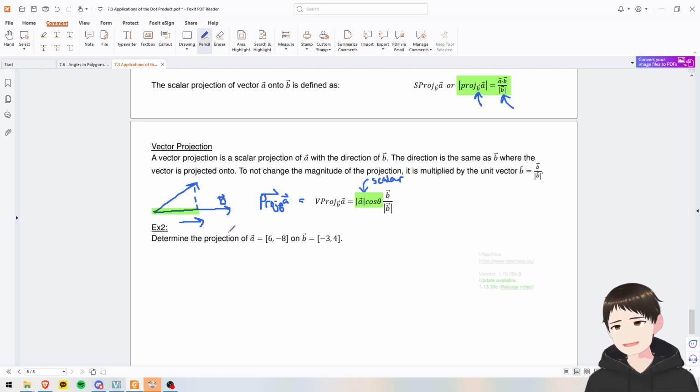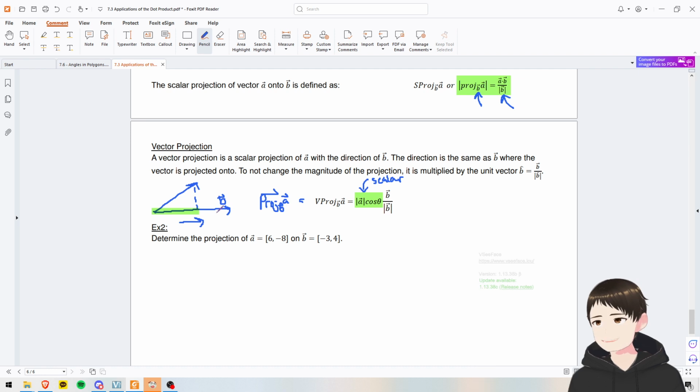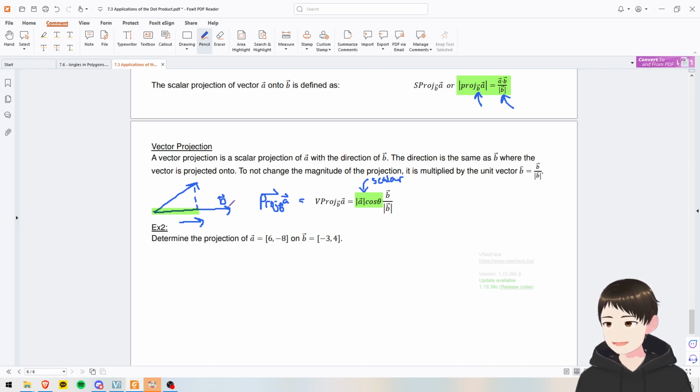So what's a smart, or more clever, way that we can keep the magnitude of this component, the shadow, and stick the direction of B on there, but not have to worry about the magnitude? We'll change the magnitude of B into 1.